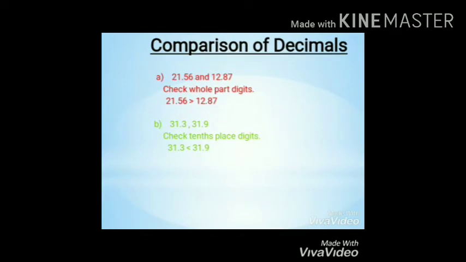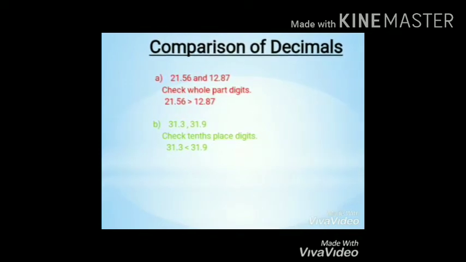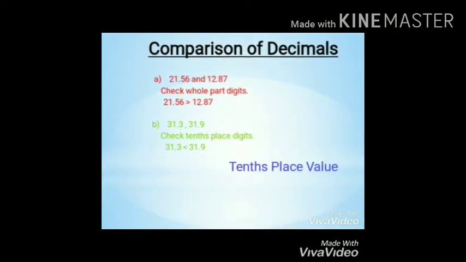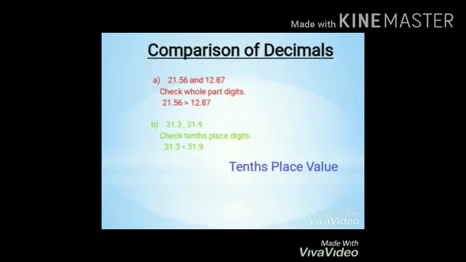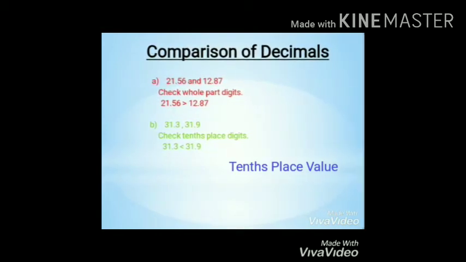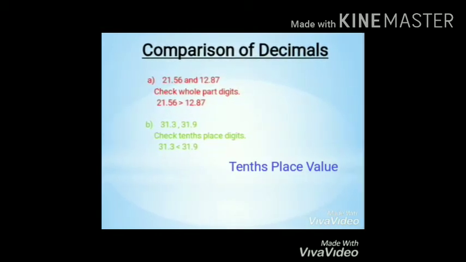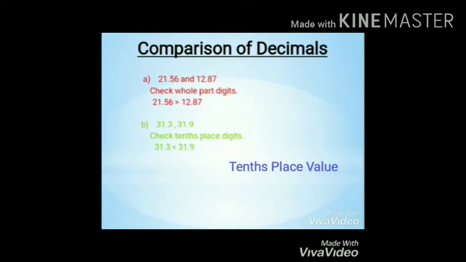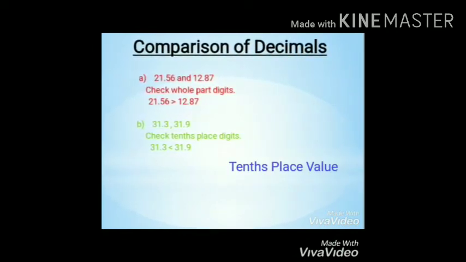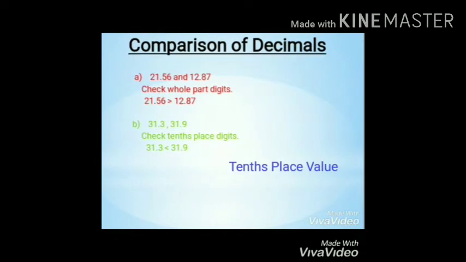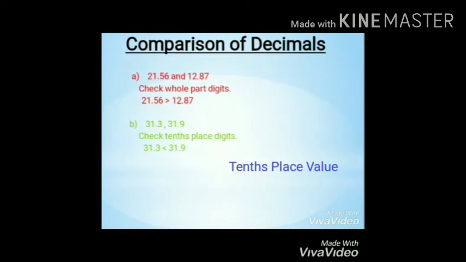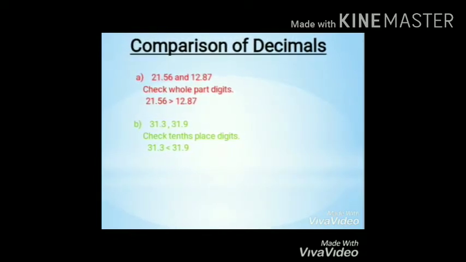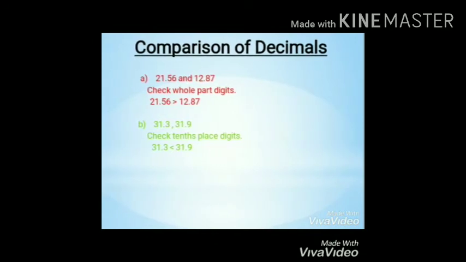If whole parts are equal on both the numbers, then check their tenths place number. Here in the first example, on a tenths place we have 3, but on the second number we have 9. So as we know, 9 is greater than 3. So here 31.9 is greater than 31.3.